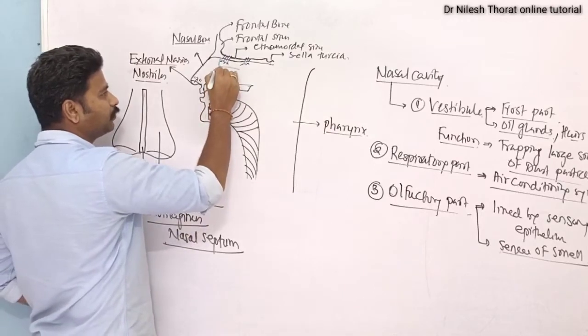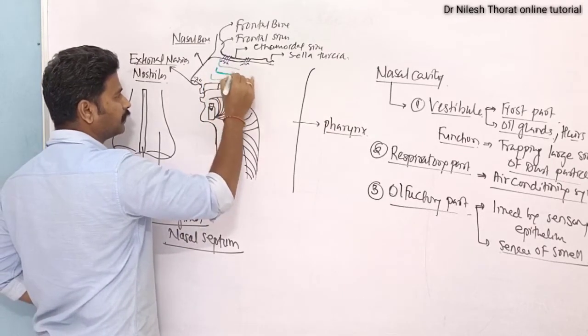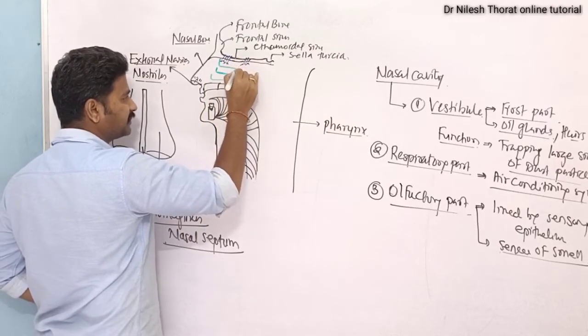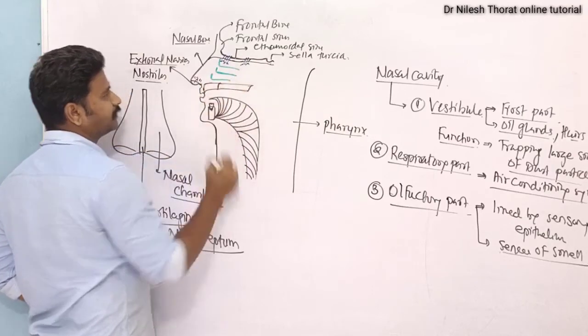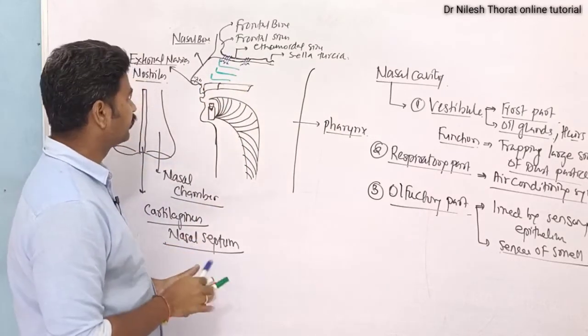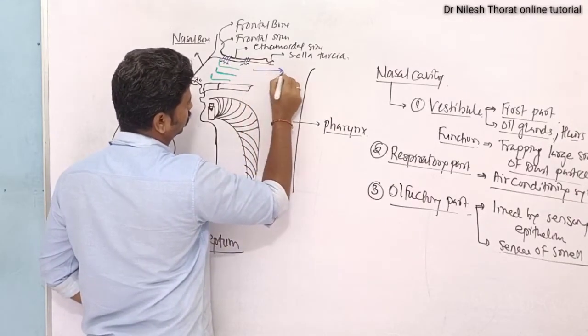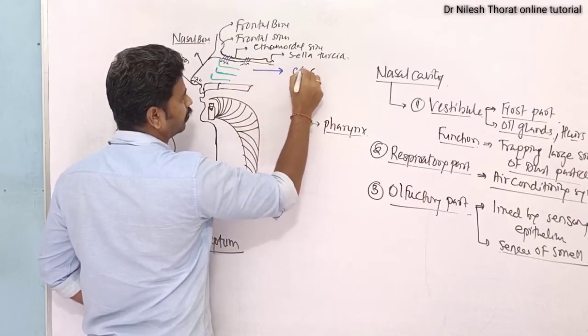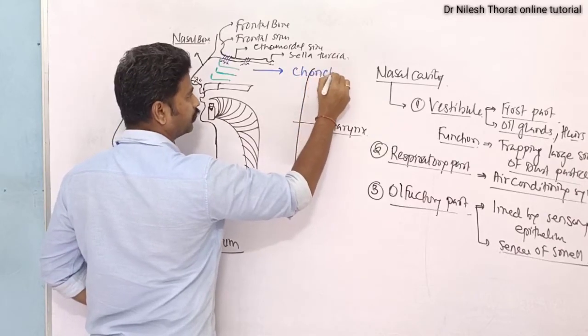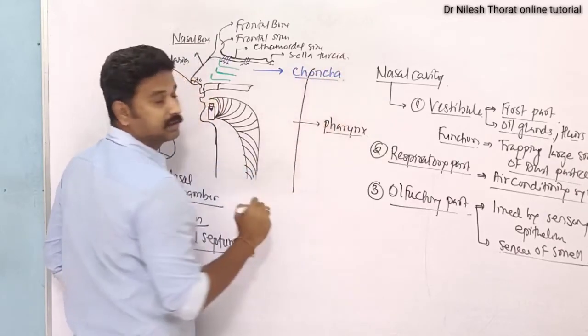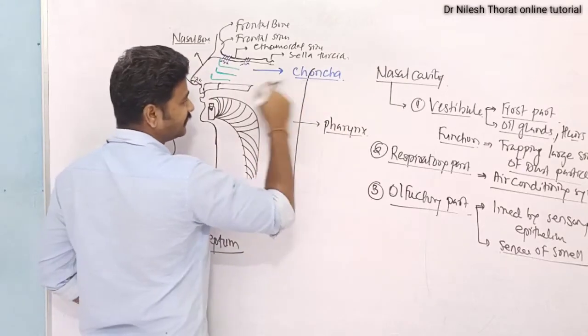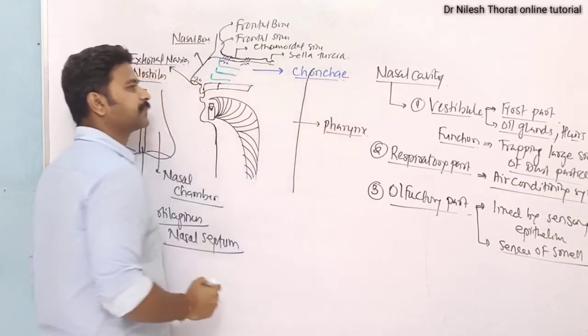So there are three bony prominences present in the nasal chambers, called concha. If it is single it is concha, but since there are three it is conchae. Clear?